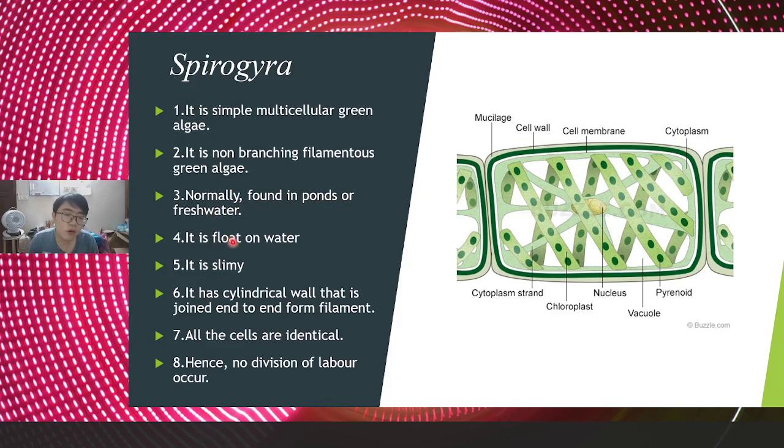It floats on water, and it is slimy, and it has a cylindrical cell wall that is joined end to end in the filament. So the cell wall is cylinder-shaped, and all the cells are identical. Semua dia multicellular, but all the cells are similar. So if you see this one, the left hand side and right hand side are actually the same as this one.